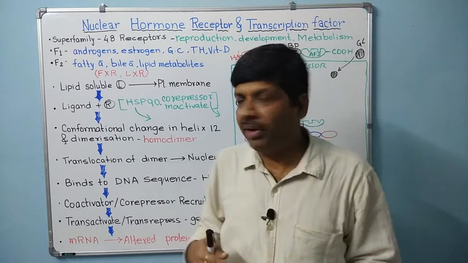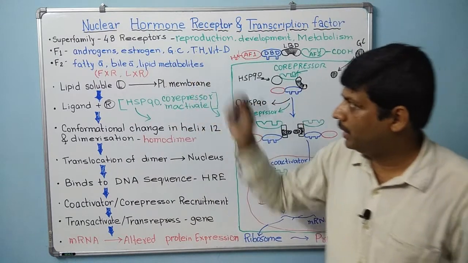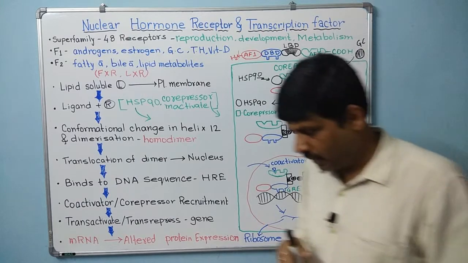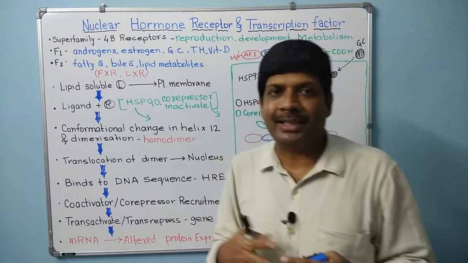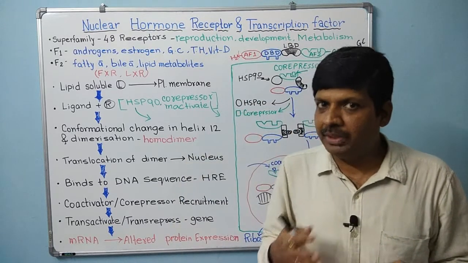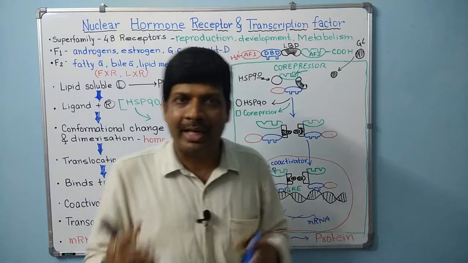Whereas for the other family, we have ligands like fatty acid, bile acid, lipid metabolites and lipids. There are different receptors like FXR and LXR. FXR is the farnesoid X receptor, and LXR is the liver X receptor.